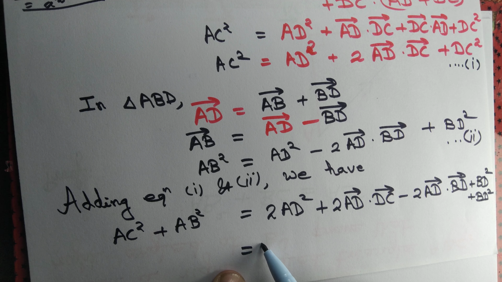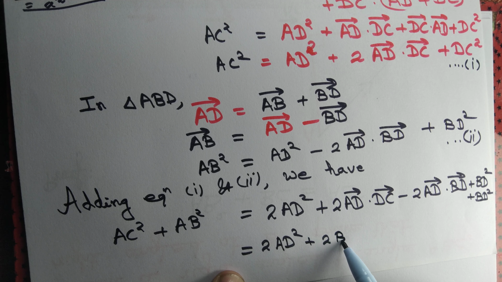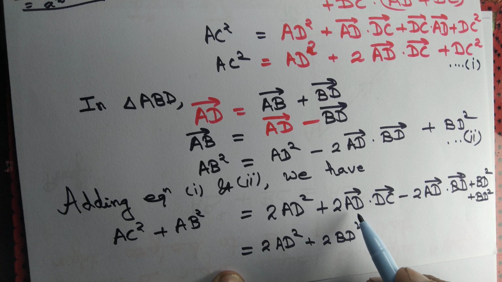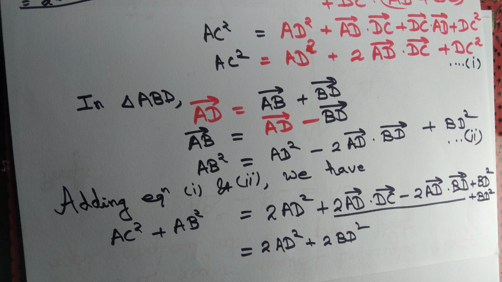Now we got 2AD square, that's what we have in right hand side. 2BD square, that's also there in right hand side. Something extra, these are not there in the right hand side.